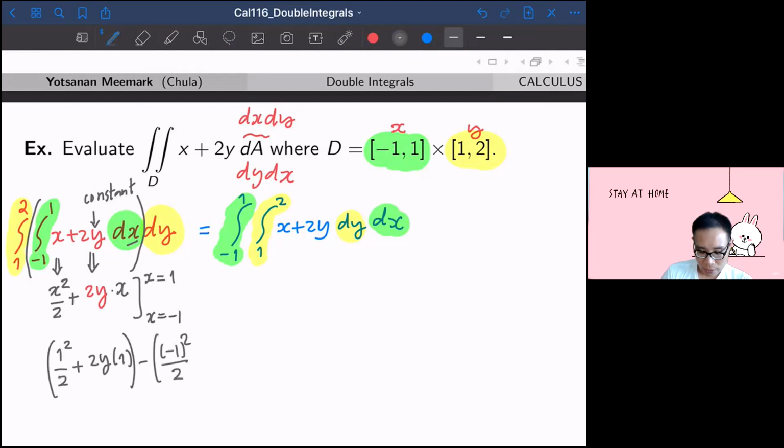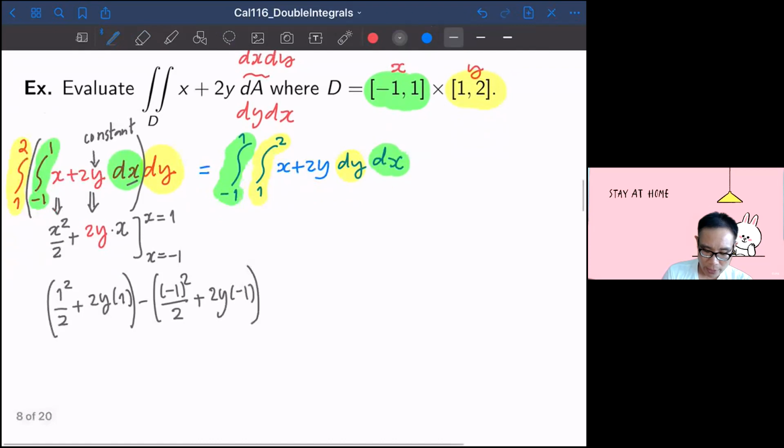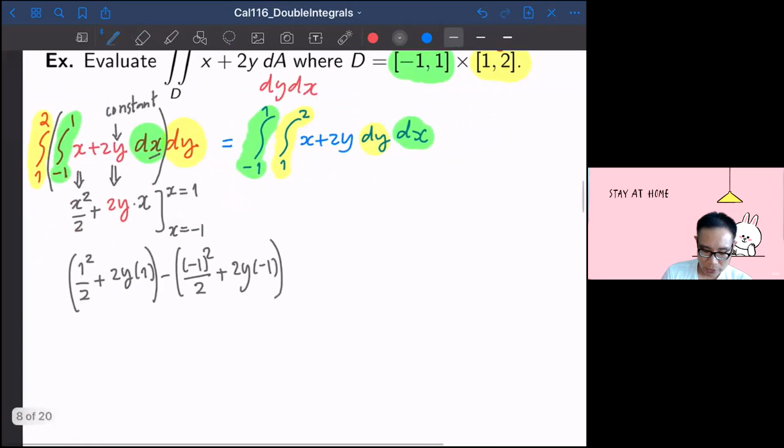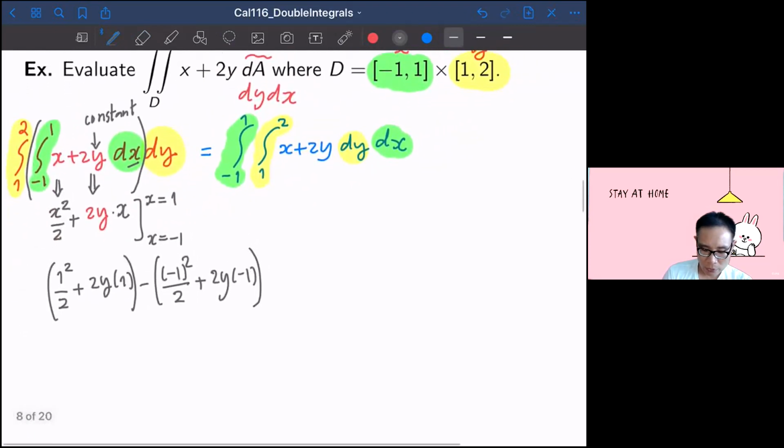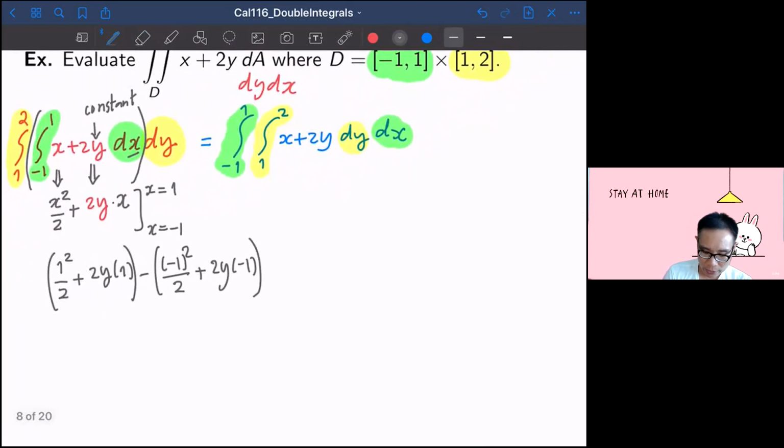Okay, plus what? 2y times -1, like this. And you see that 1 over 2 minus 1 over 2, so they cancel.